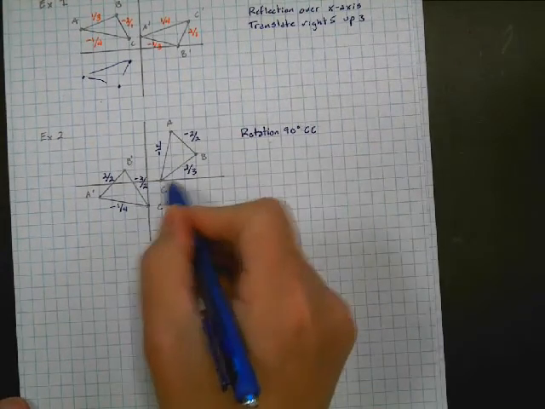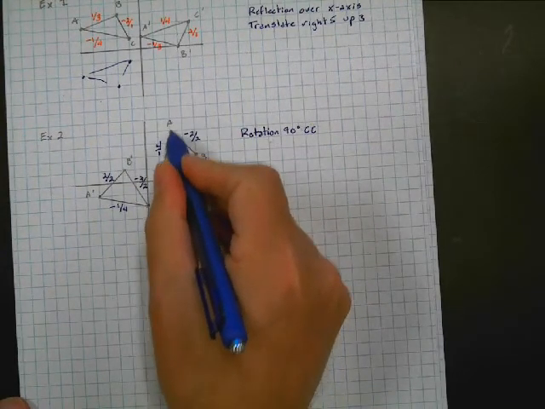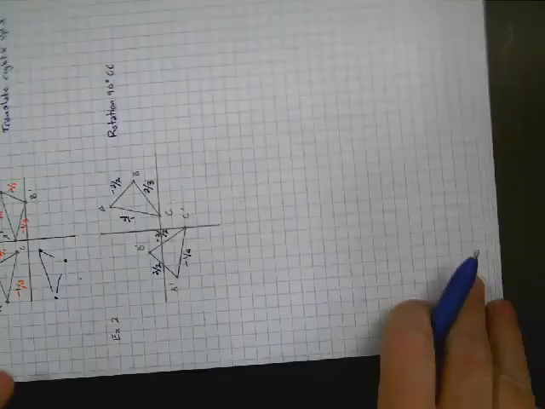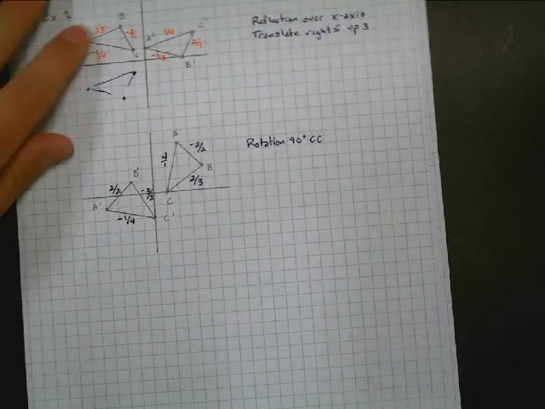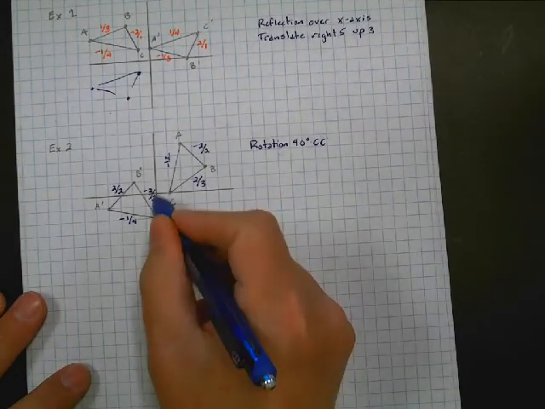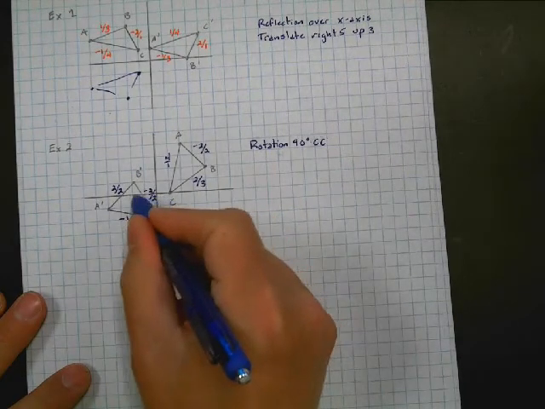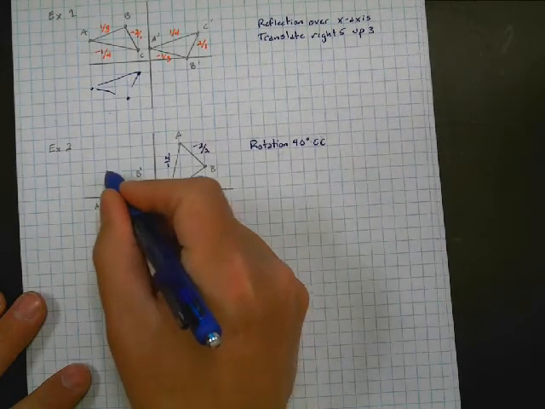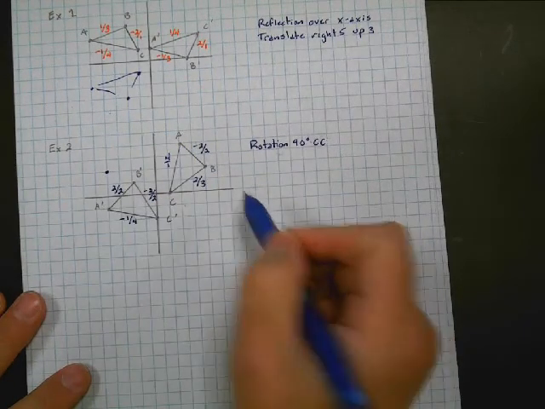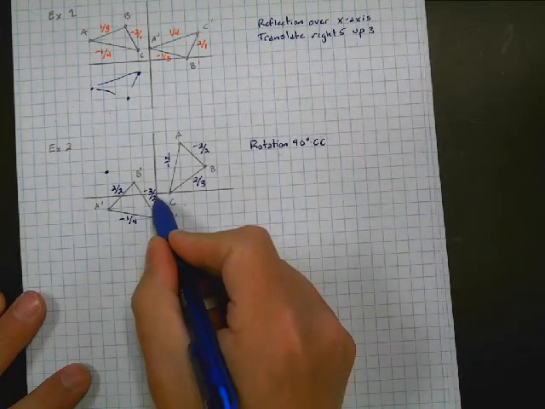Well, this is 2, 1, 2, 3, 4. So remember, you can spin your paper. There's a whole bunch of different ways to see a rotation. I just know that if it's 2, 4 here, it's going to be 4, 2 this direction. 1, 2, 3, 4, up 1, 2. So that's where A would show up right there. B is at 1, 0.